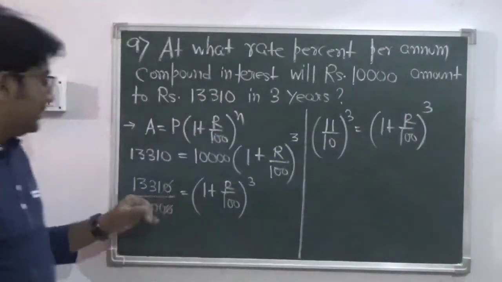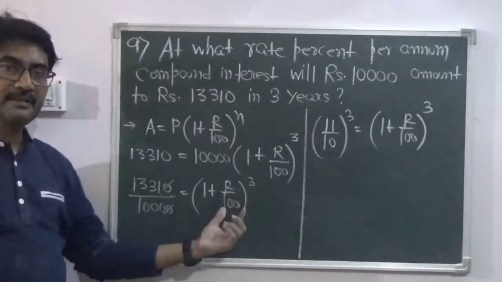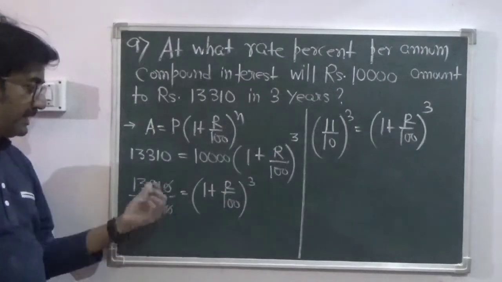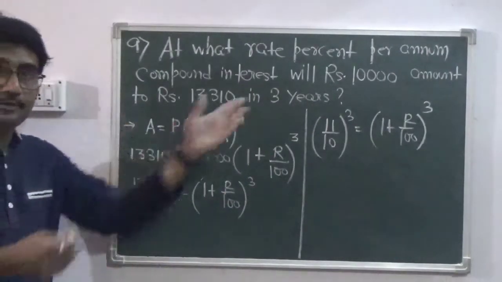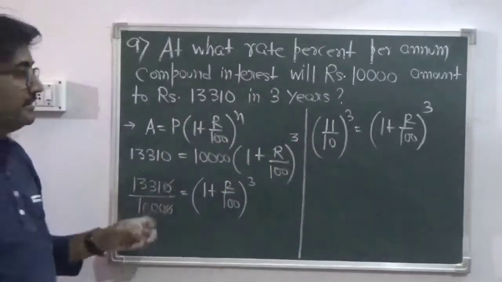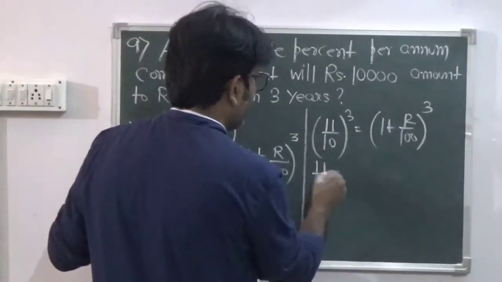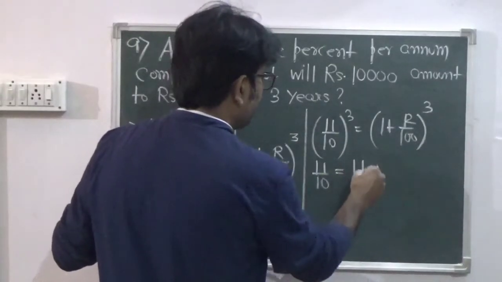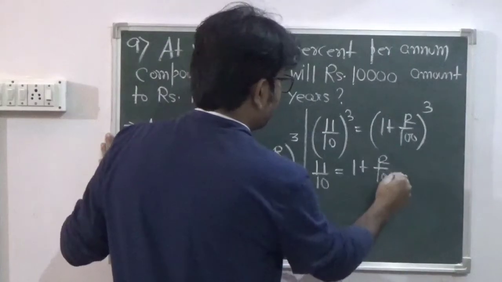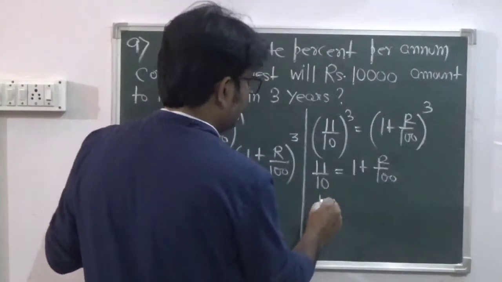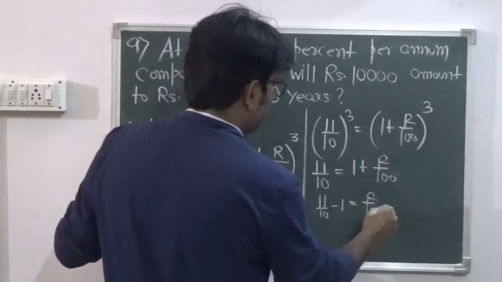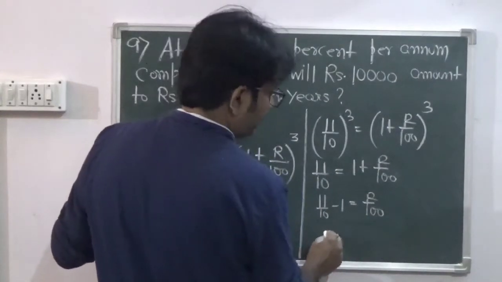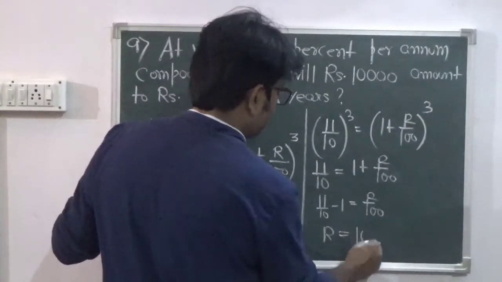Since the power is 3, we can take the cube root on both sides, and we get 11 by 10 equals 1 plus R by 100. So 11 by 10 minus 1 equals R by 100. So 1 by 10. So R is equal to 10%.